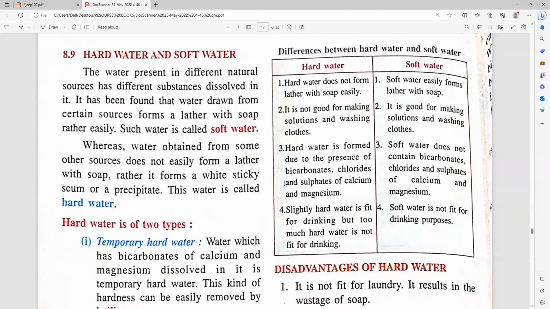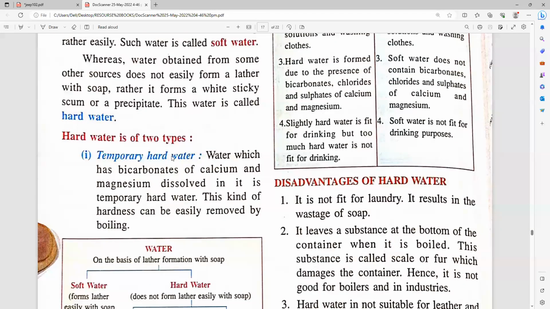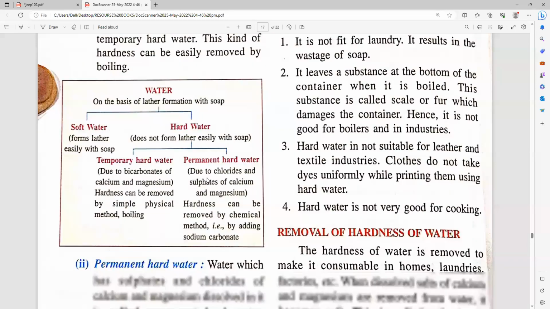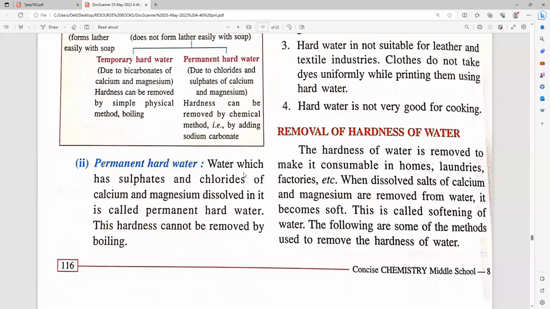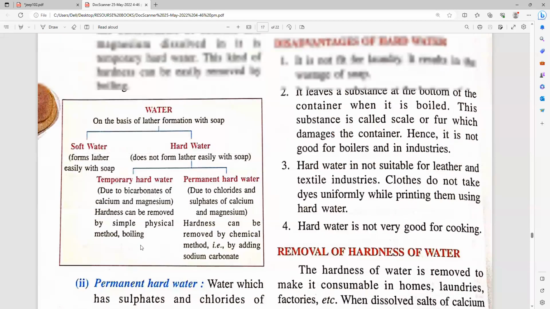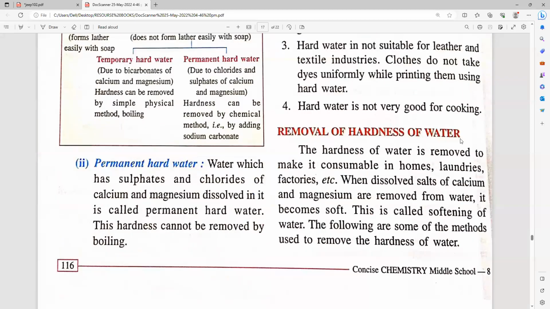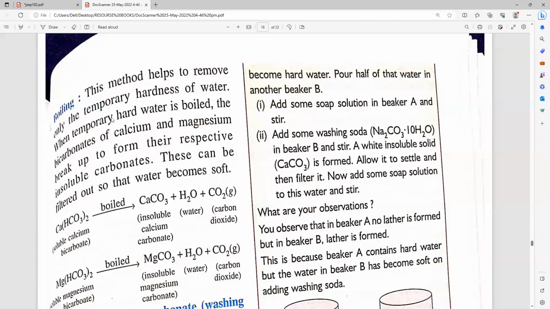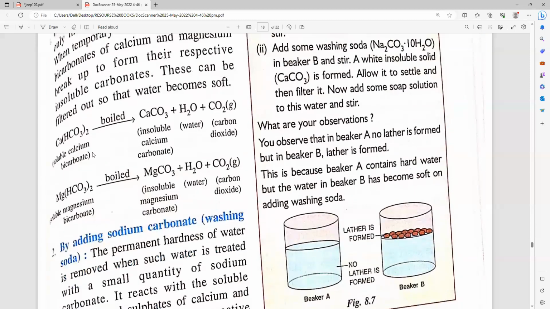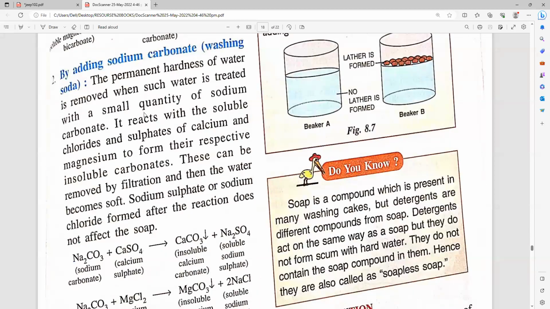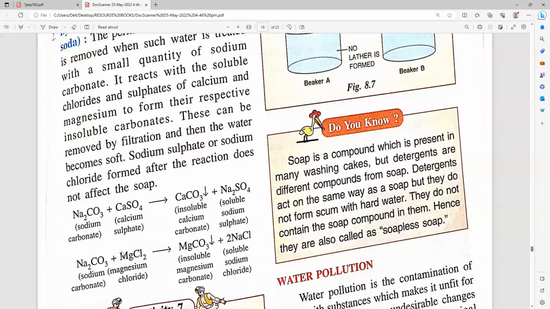So of course you can see hardness of water: temporary hardness and permanent hardness. Permanent hardness of water cannot be removed by boiling; only chemical treatment can do it. So by adding sodium carbonate, washing soda, we can write the equation, but see that while writing they are not representing the 10H2O.